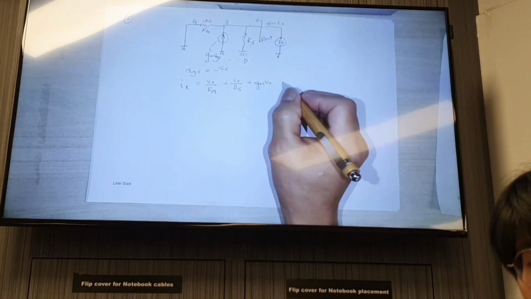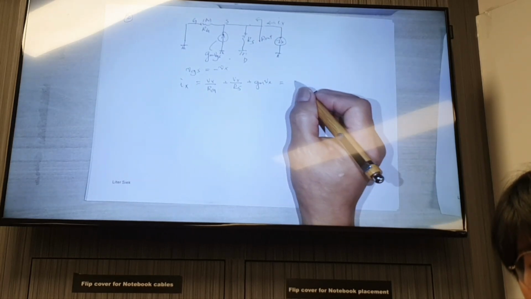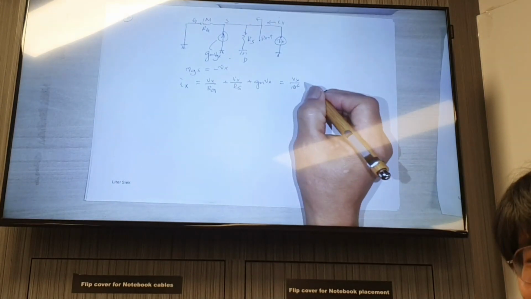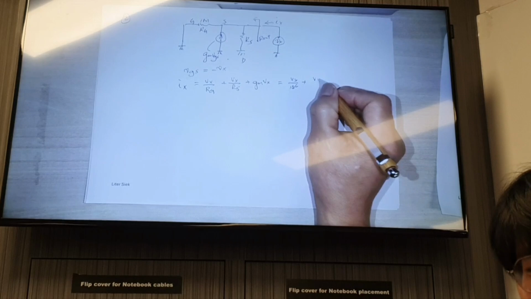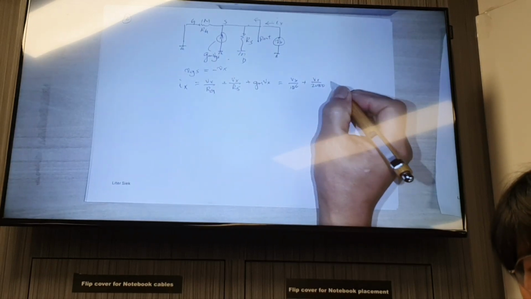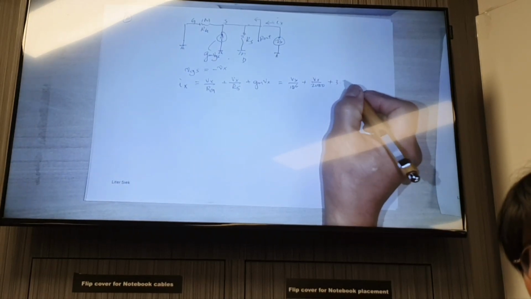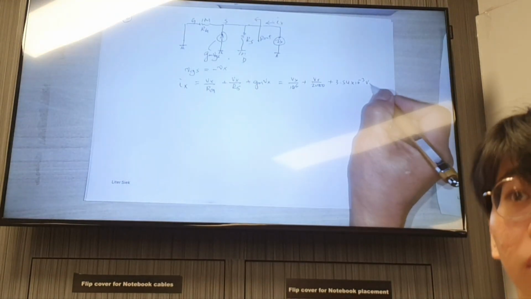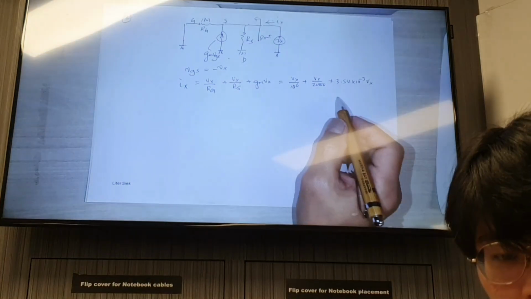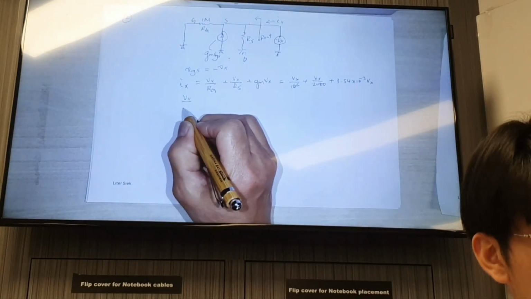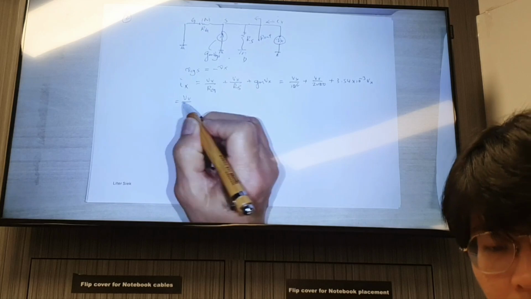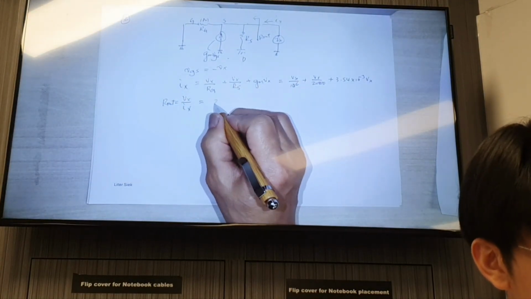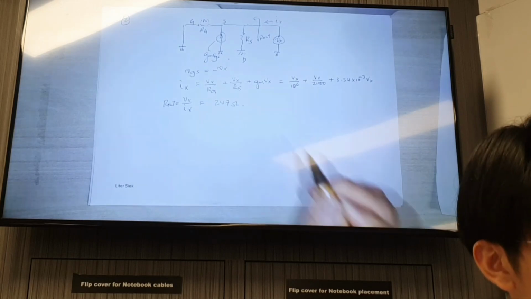Therefore this is all in Vx terms, so you have Vx divided by 1 meg, plus Vx divided by 2K, plus 3.54 milli times Vx. So if you work this out, take Vx divided by Ix, that will give you your output resistance, which happens to be equal to 247 ohm.